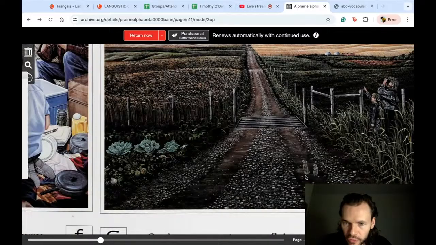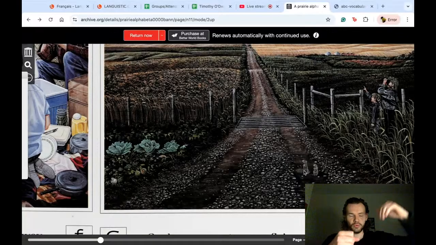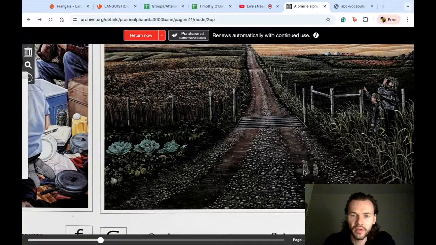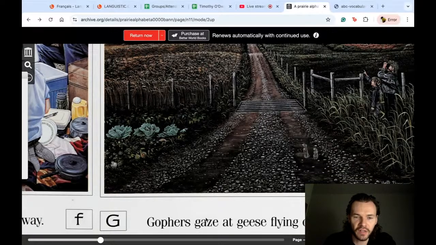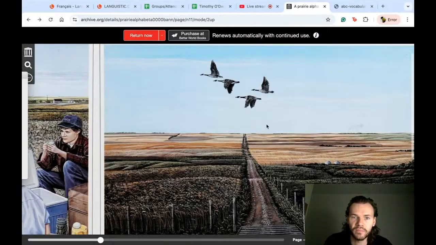These are gophers right here. There are a lot of gophers in Saskatchewan. Gophers live underground. So the gophers are gazing. So to gaze is to look. To look. The gophers are looking at the geese.